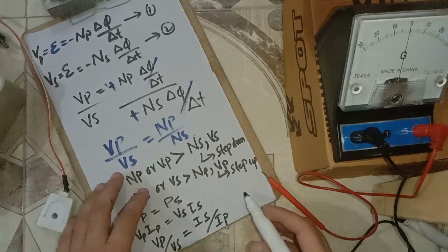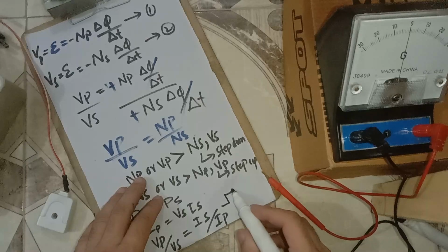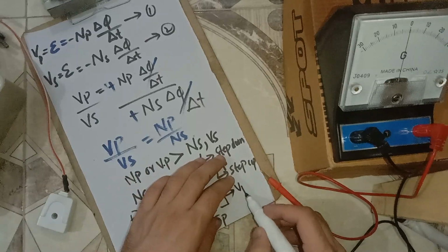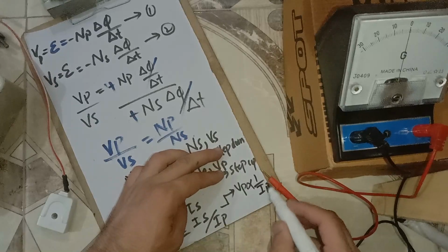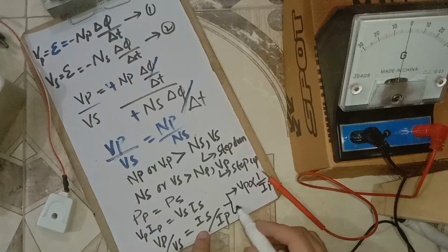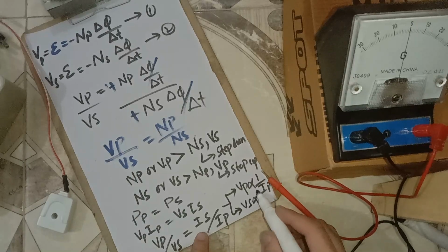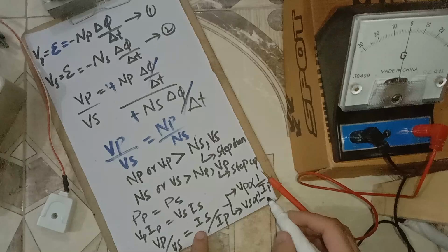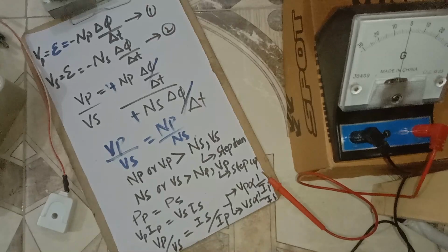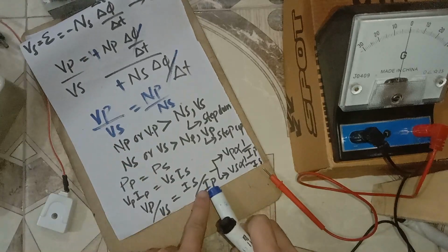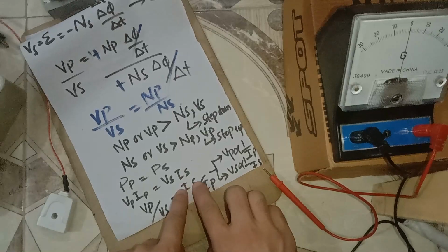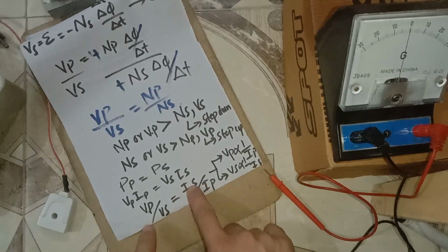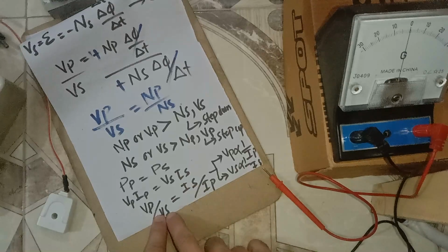So from here we conclude that Vp is inversely proportional to Ip, and similarly Vs is inversely proportional to Is. Okay, so if we need higher current through the secondary coil, we will have to reduce the voltage.